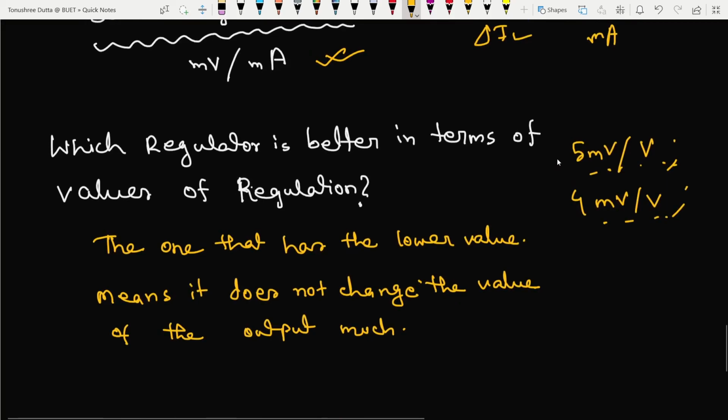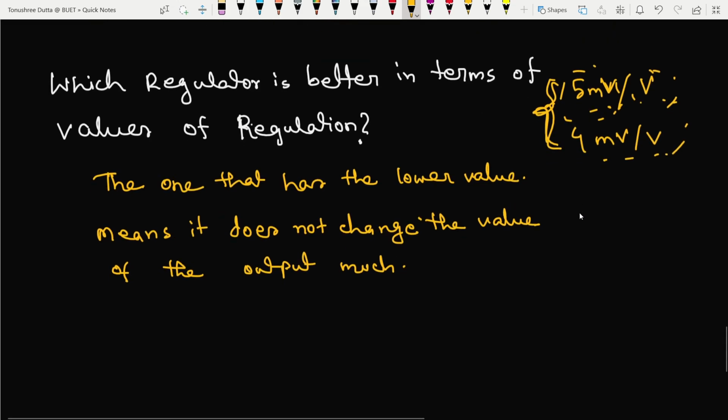So how do you say which one is better? As I have said before, we want to keep the output voltage the same. So if the change of the output voltage with respect to the input voltage is low, it means that the output voltage has not changed much.